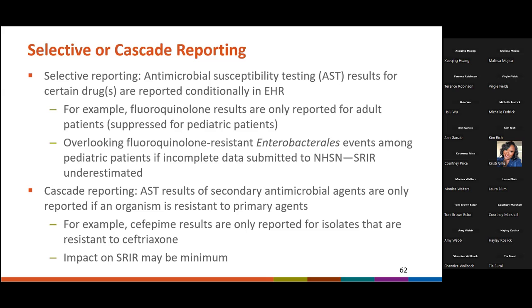So in this case, since the isolate is susceptible to a drug with a narrower spectrum in the same class, it is likely to also be susceptible to cefepime. Therefore, in cascade reporting, SIR is less likely to be impacted than it would be by other types of selective reporting.